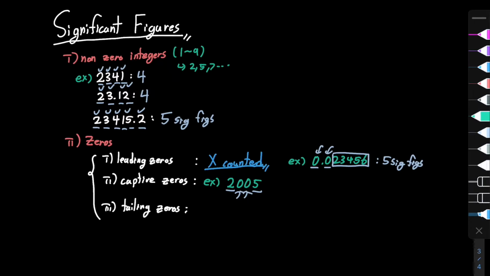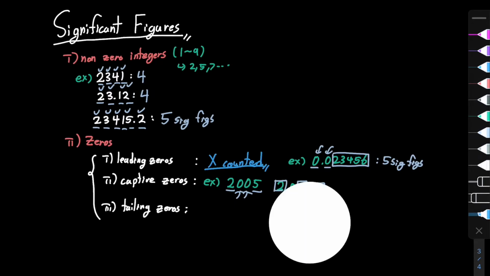Another example is 2.0204. The captive zeros in this situation would be the zeros right over here and right over here, because there are integer digits surrounding these zeros. So they're considered captive zeros.